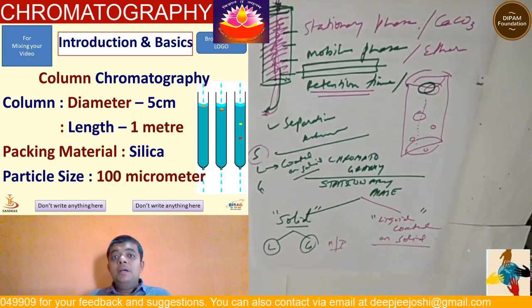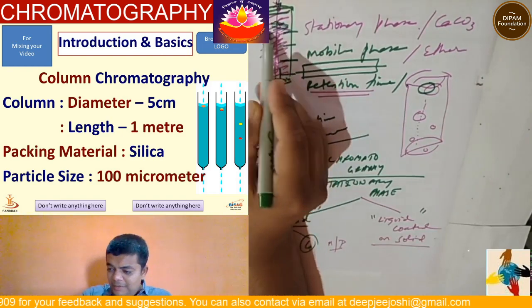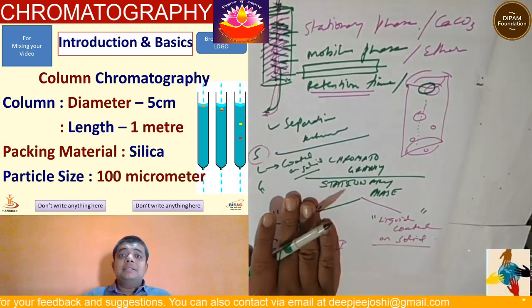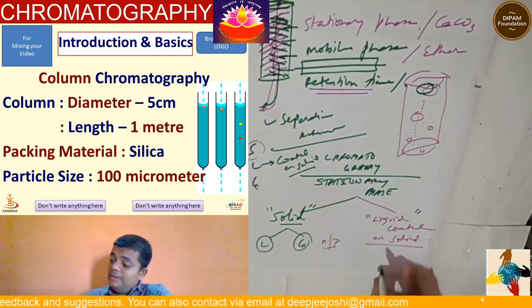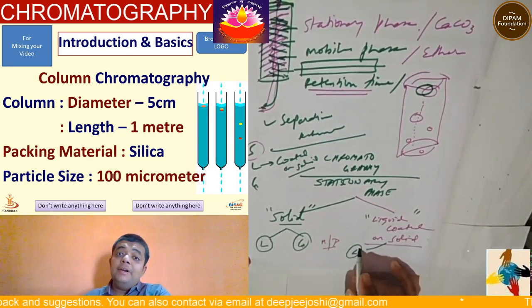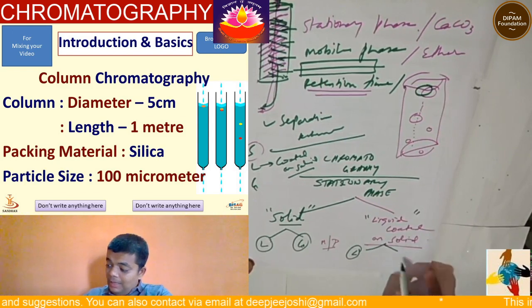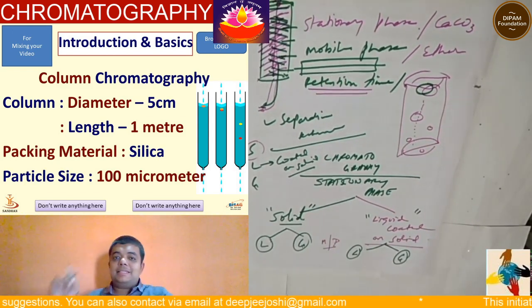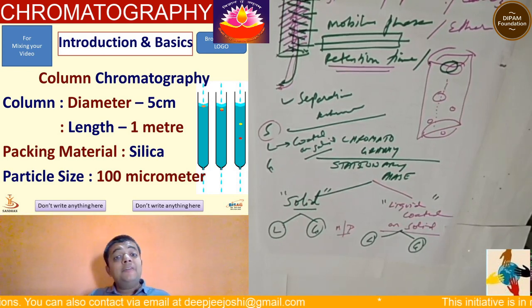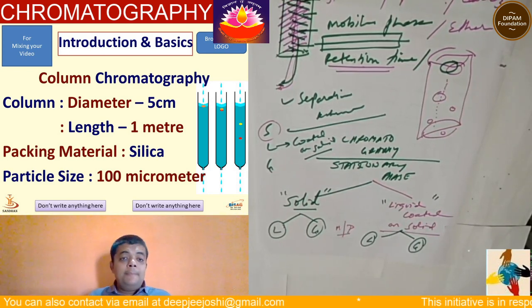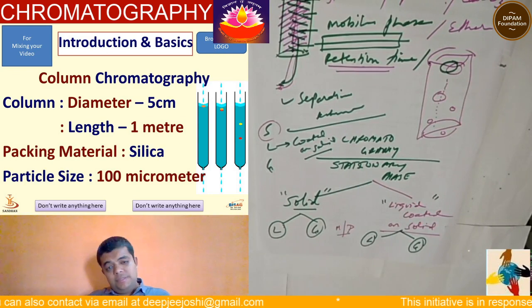Similarly, if I make liquid coated on solid as a stationary phase, again it would be interesting that I can pass a liquid as a mobile phase, or I can pass a gas as a mobile phase. So in all, while classifying the chromatography, I get four combinations.